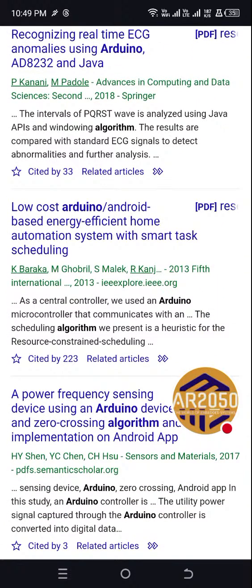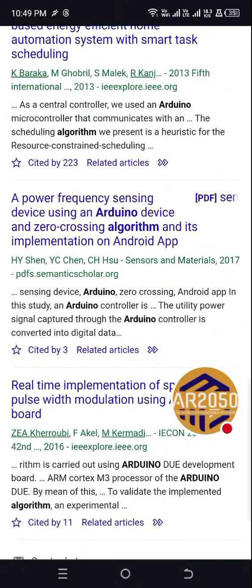A good thing. Low-cost Arduino Android-based energy-efficient home automation system. A power frequency sensing device using an Arduino device and zero crossing algorithm and its implementation on an Android app. What if this project is related to power? So if you are looking for some project to do on power, this could be a good choice.